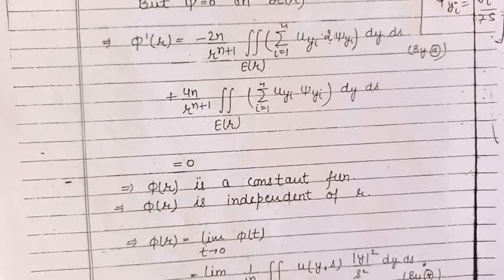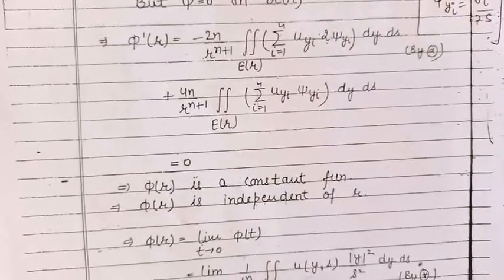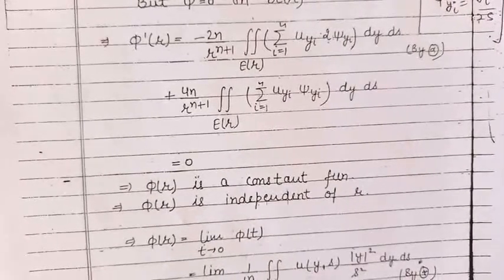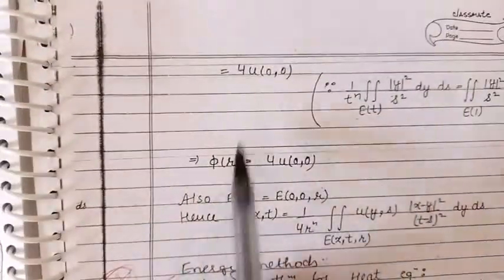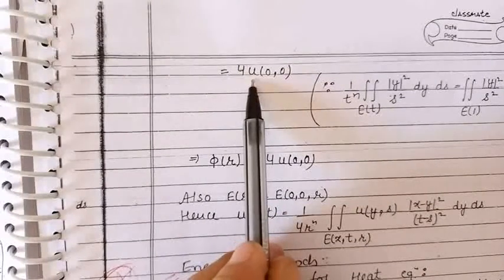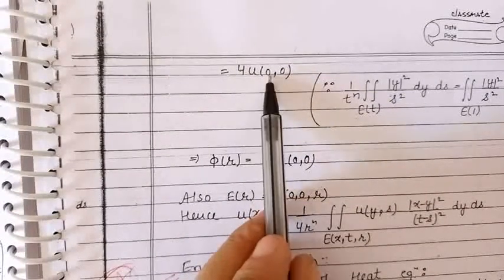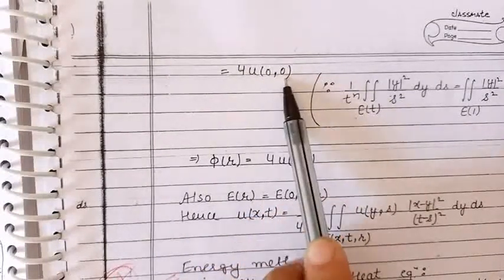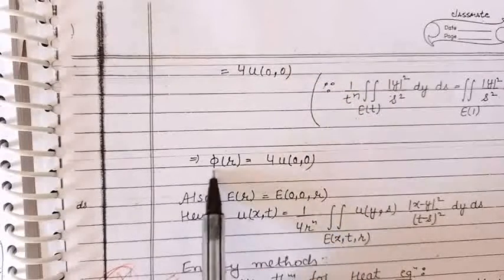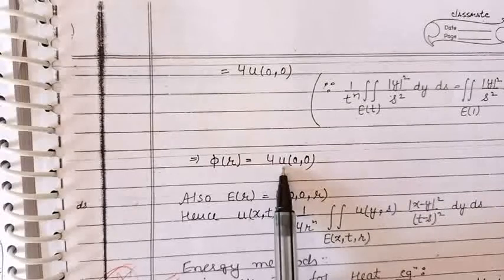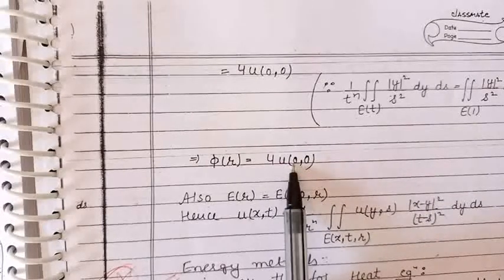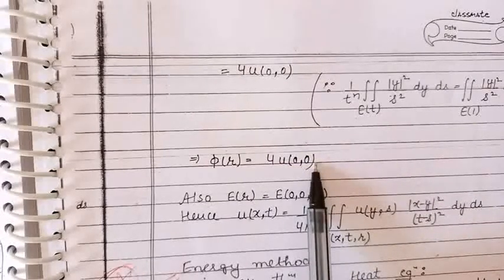Now the limit of this expression will be 4. So the value of phi at r will become 4 times the value of u at x equal to 0 and t equal to 0. So we have proved the value of function phi is equal to 4 times the value of u corresponding to x equal to 0 and t equal to 0.